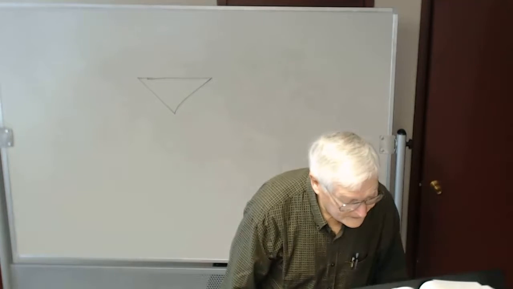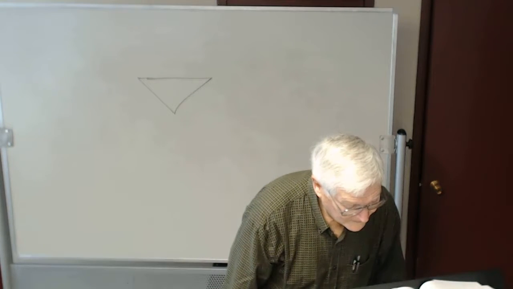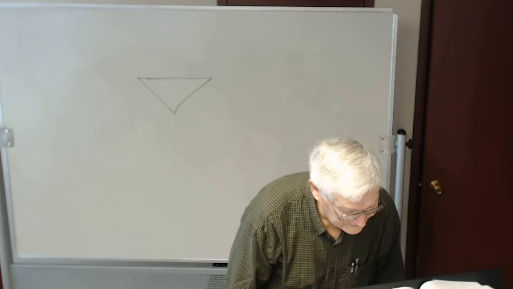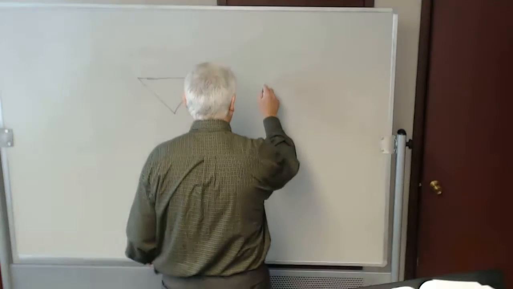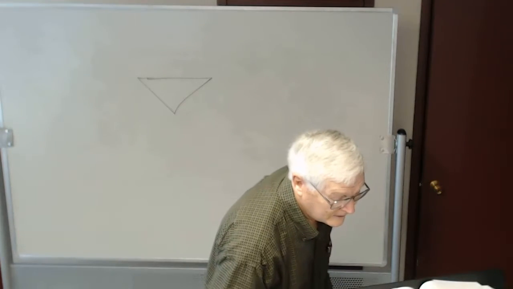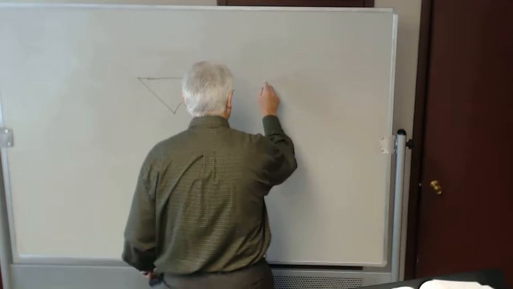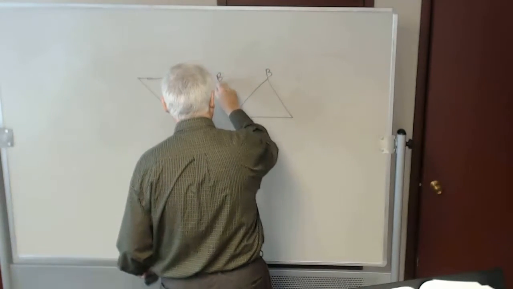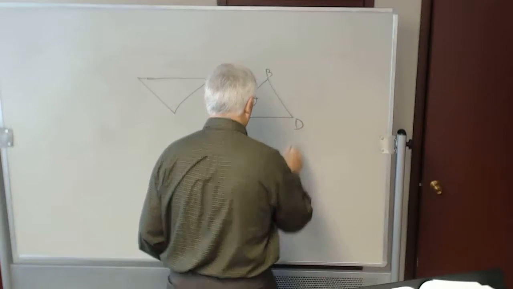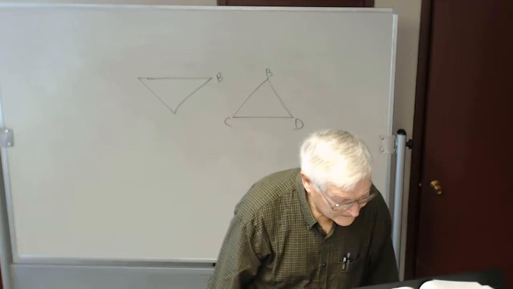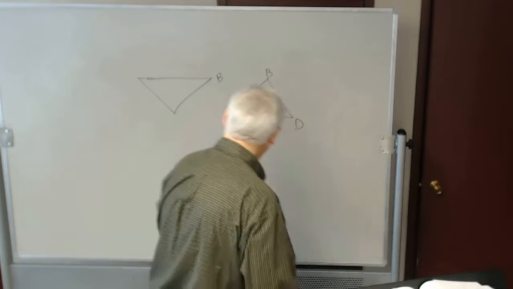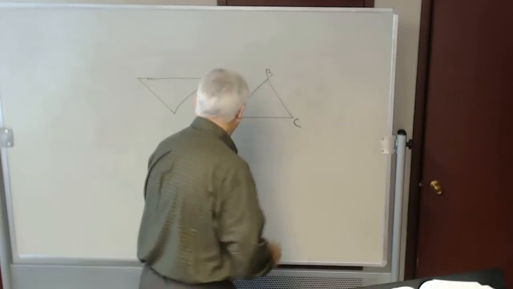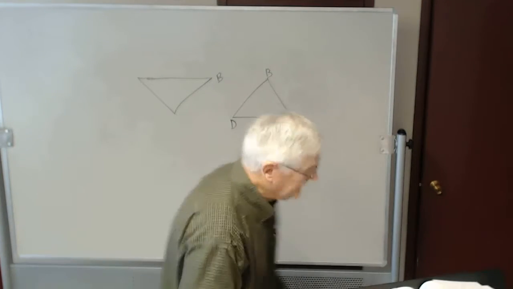Show that triangle ABD is congruent to triangle BCD. ABD and BCD. Is that right? BDC. And what is the other one? ABD.